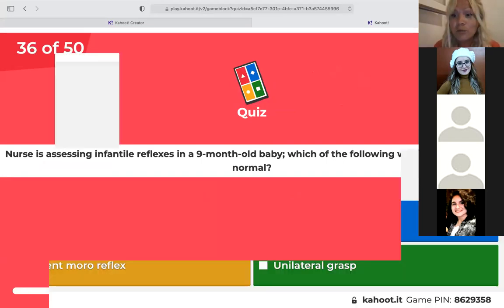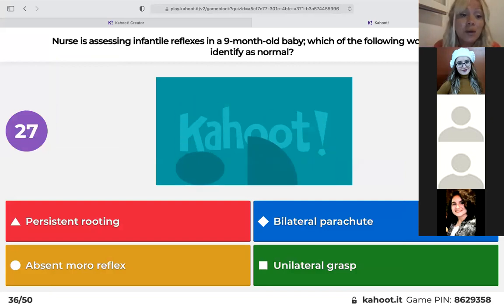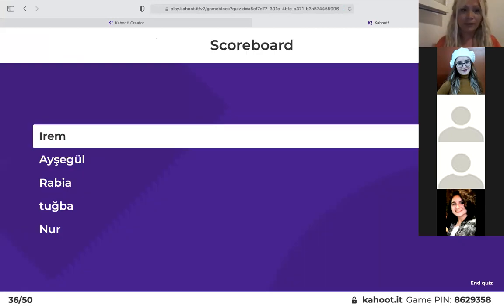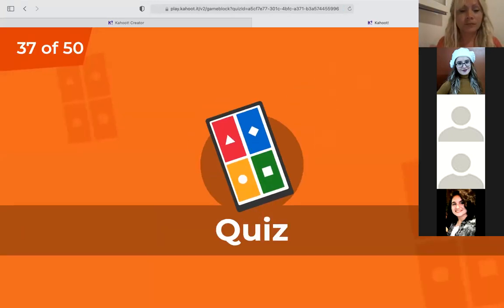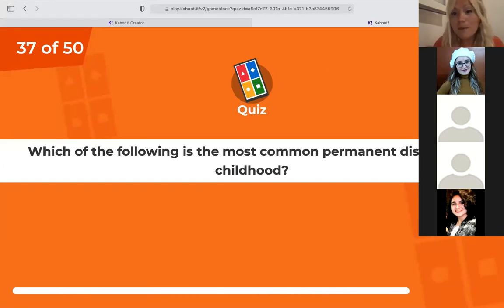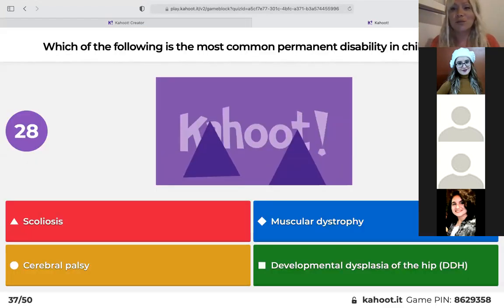Which of the following should be identified as normal? Which of the following is the most common permanent disability in childhood?